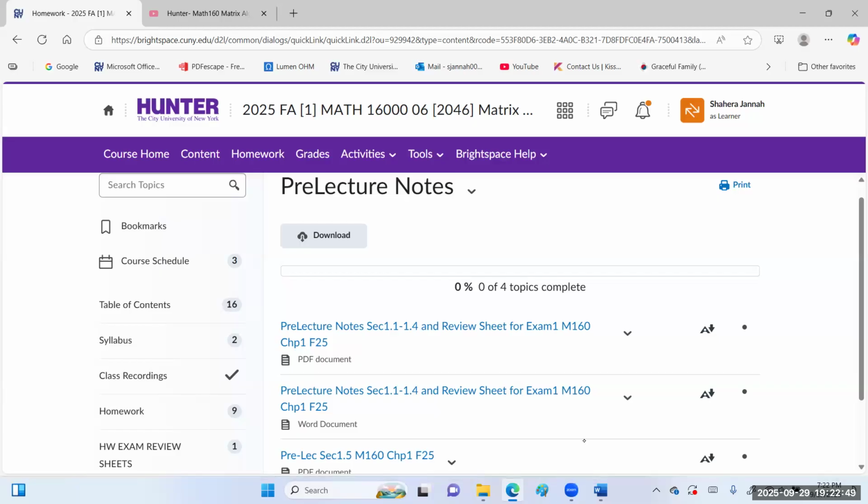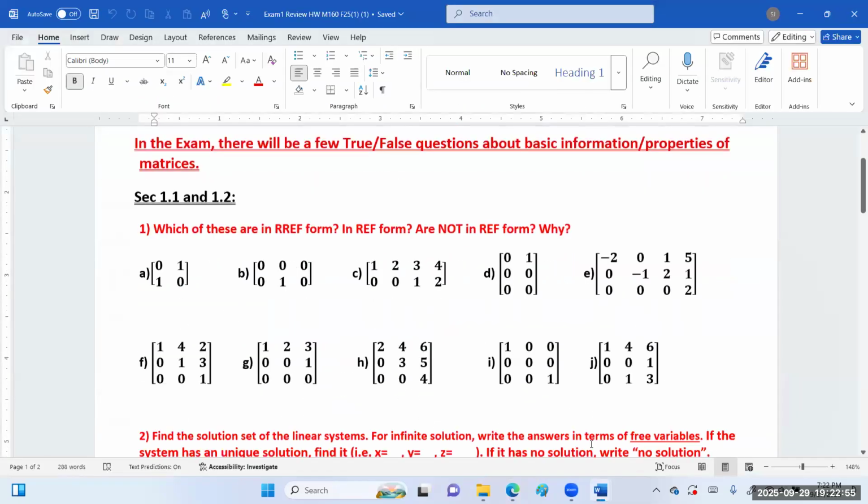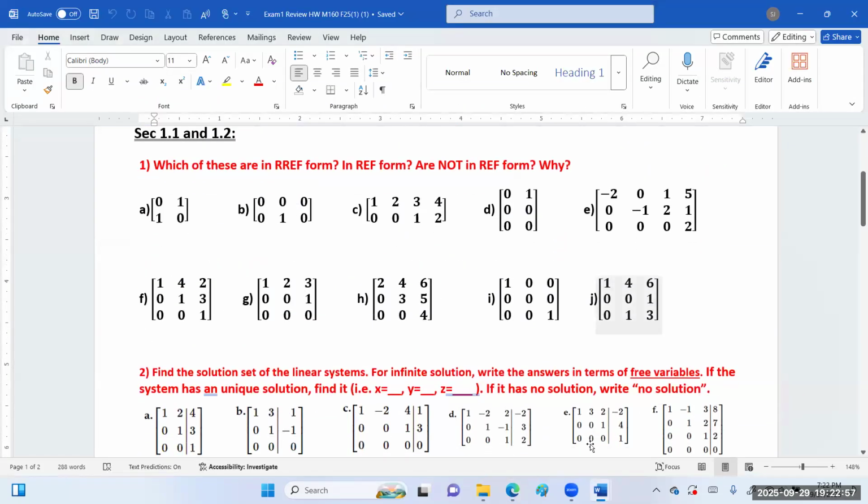So I'm going to ask you questions from the lecture notes, and then I'll ask a few of these. Find out which one is in row echelon form, which one is in reduced row echelon form, and which one is in neither form.